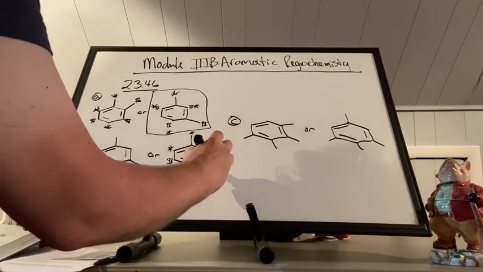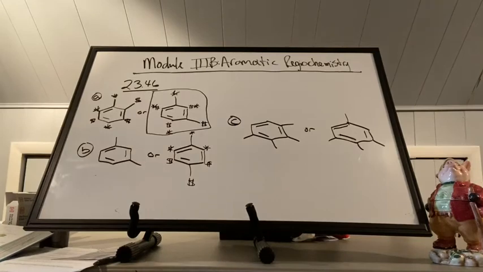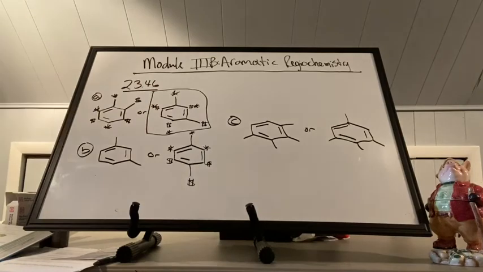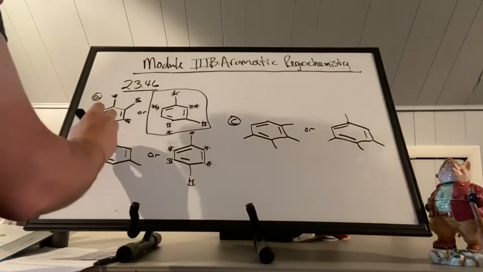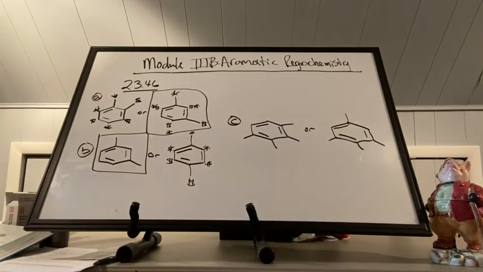Same goes on the bottom. So this is going to be less activated than what you see over here, like we saw from example A. So once again, the meta-disubstituted ring is going to be more activated.